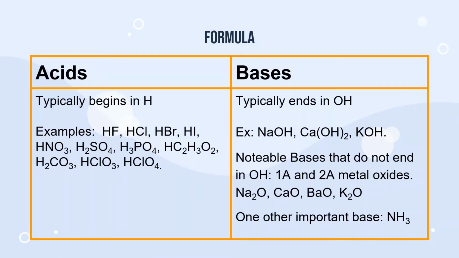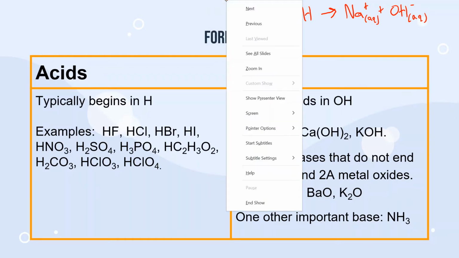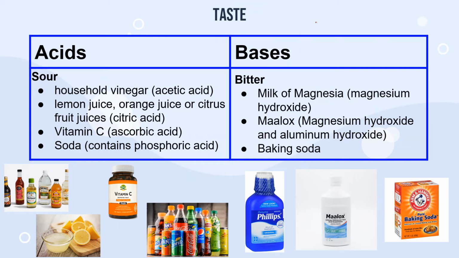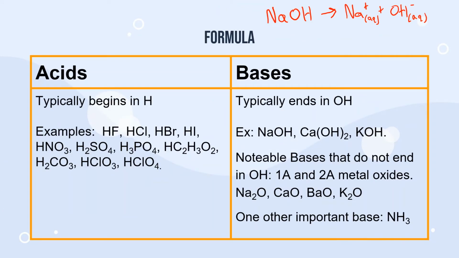So let's talk about these other bases here, and we'll do the acid as well. So when I say that NaOH, when placed in water, produces hydroxide ions, that means that the Na+ and the OH- break apart from each other. Now, again, these ions, they're in solution, so we're going to put the little aq there. First time using this, we had solid sodium hydroxide.